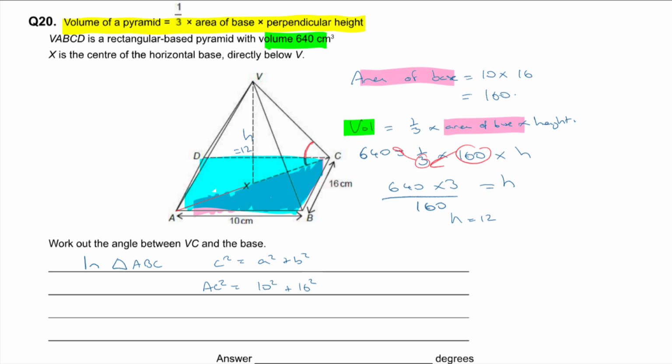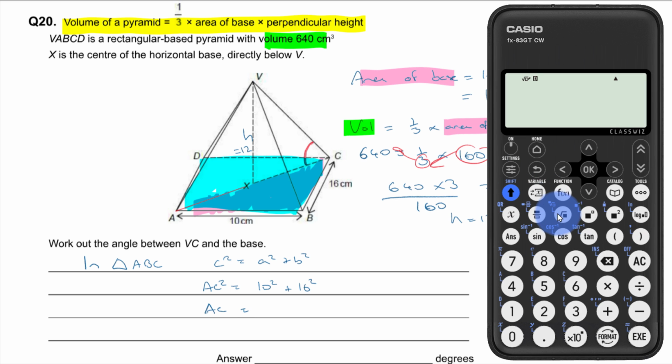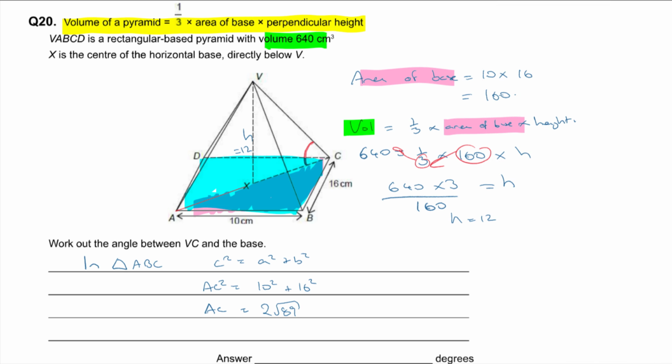So then AC is going to be the square root of 10 squared plus 16 squared. I make that 2 lots of root 89. Okay, I'm just going to leave it in root form for now.